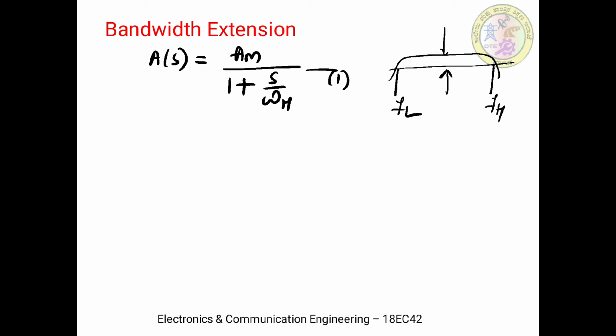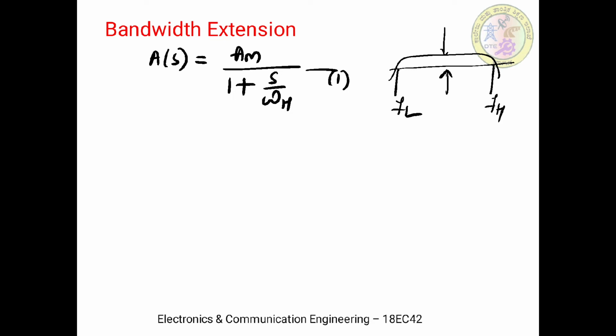So for this I have to write the amplifier gain at high frequency as well as at the mid frequency range given by equation 1. Now here what is the term AM? So AM represents the mid band gain and this omega H represents the upper 3 dB frequency.